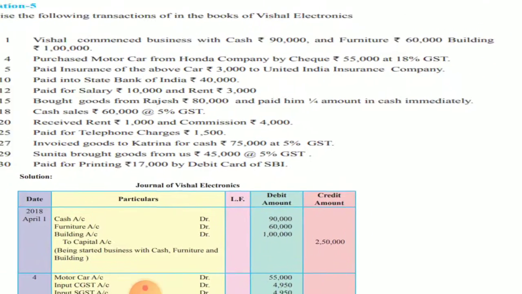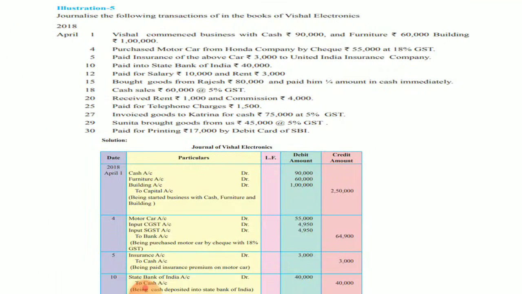Next is purchased motor car from Honda company by check rupees 55,000 at 18% GST. We have calculated the GST amount, so the entry will be motor car, because it is coming inside the business. What we have purchased, we have to mention it. So motor car account debit, how much? 55,000. On that, when you purchase, it is input GST. So input CGST, input SGST.